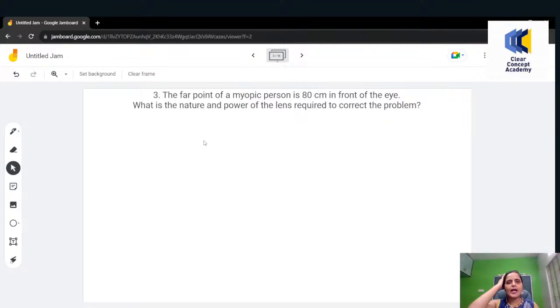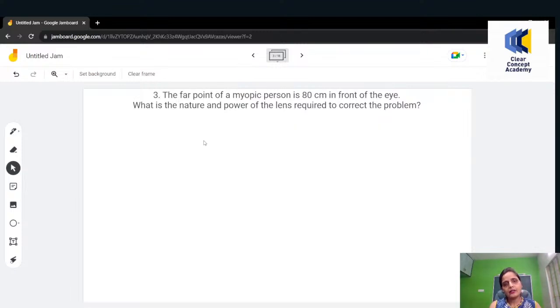Therefore the person is not able to see the objects that are at far away distances. In this case, the object distance is treated as infinity, which is the original far point of the person.